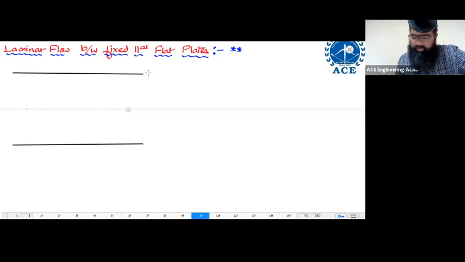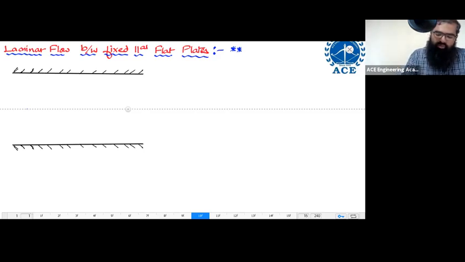I hope they are looking parallel to each other. Suppose both the plates are fixed plates. There is some flow taking place in this particular direction.